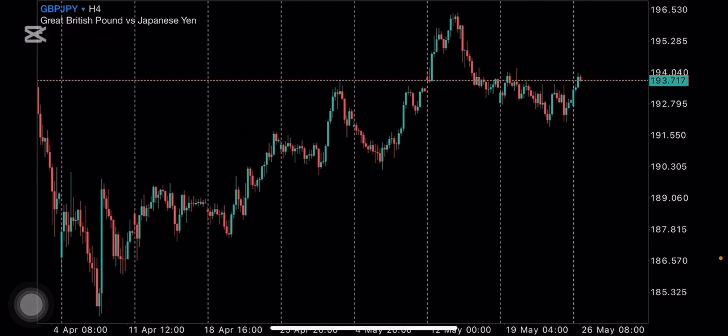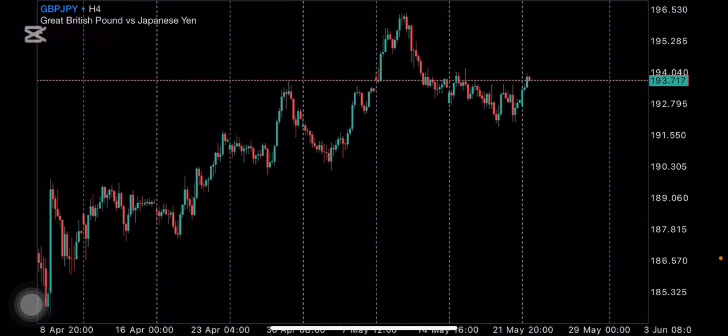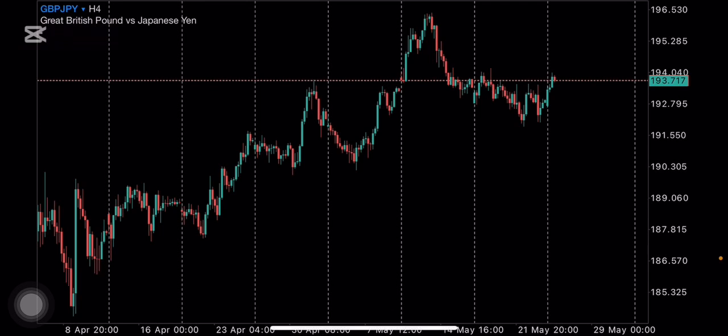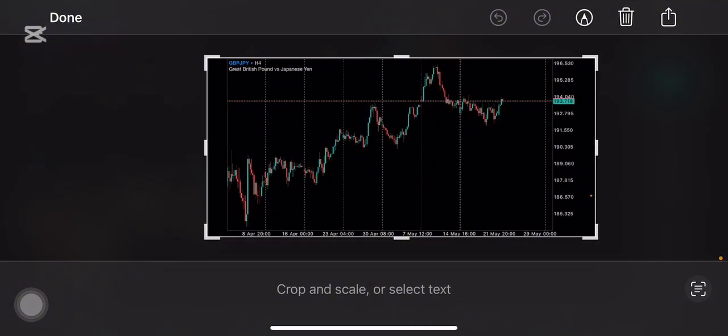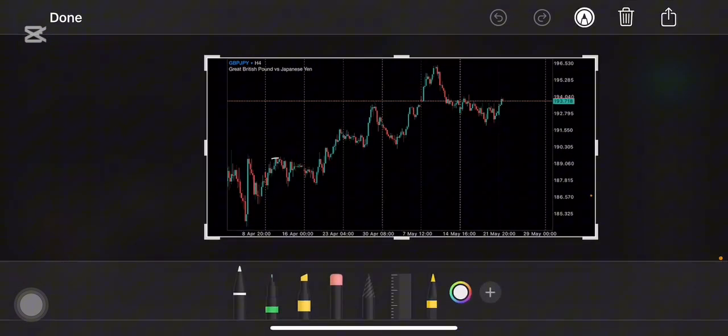I want to start from the daily time frame. On the daily time frame, you can see the structure that price has been giving us. Here we got a break of structure first, then that one here, and another one here.